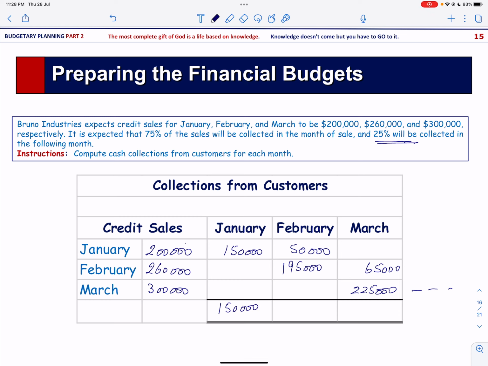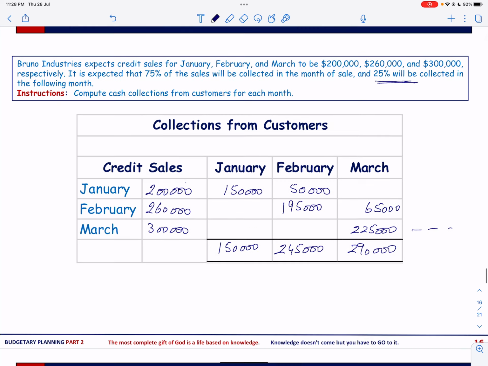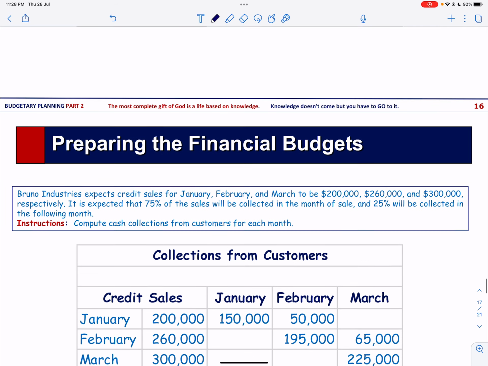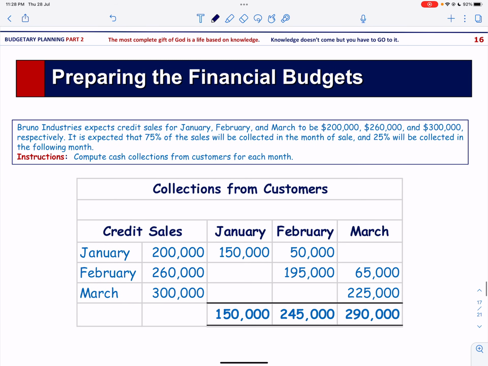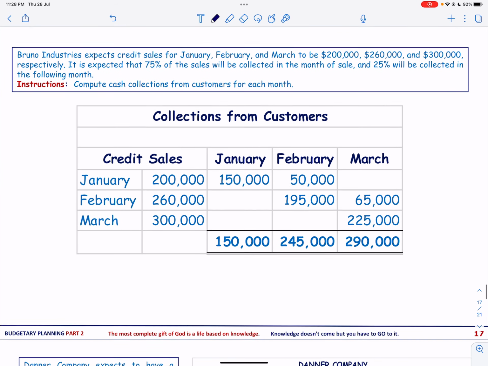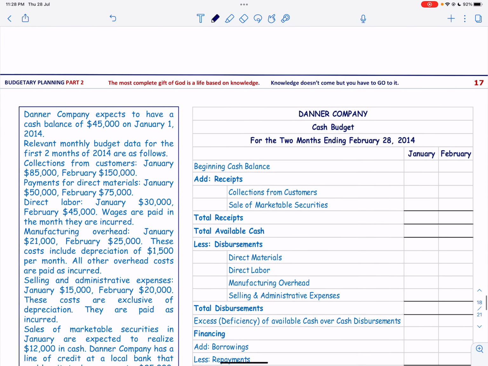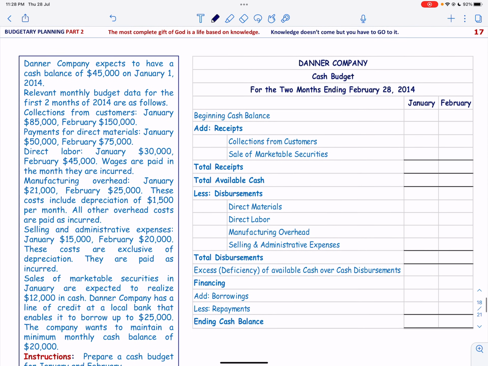For February it is 245,000, and for March it is 290,000. Once again, I have put this solution in an Excel sheet, and let us solve another exercise.